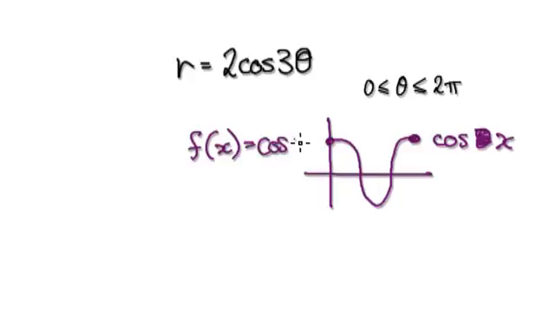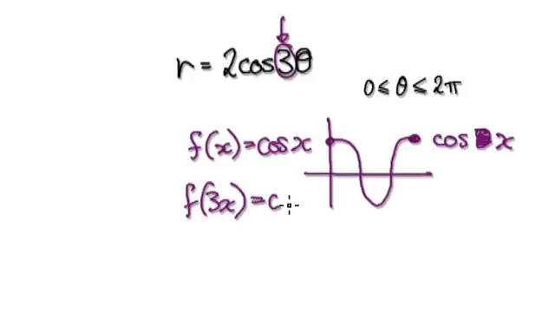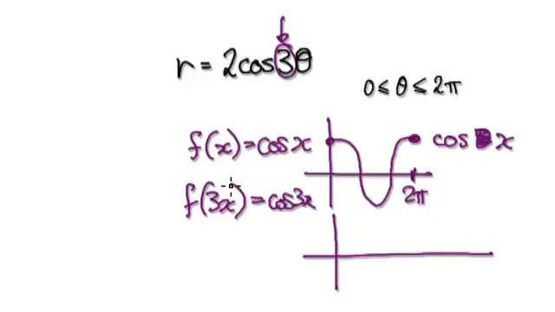This is our original function, cos of x. We are trying to understand this thing here. Your next transformation would be f of 3x, which gives you cos 3x. Normally it's 2 pi here, but because of this 3, it squeezes everything in by a factor of 3.